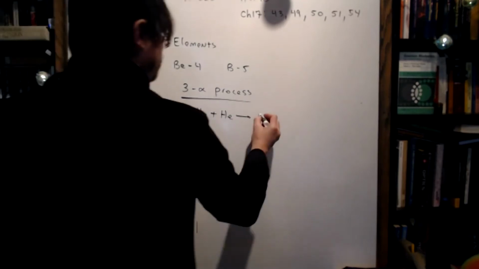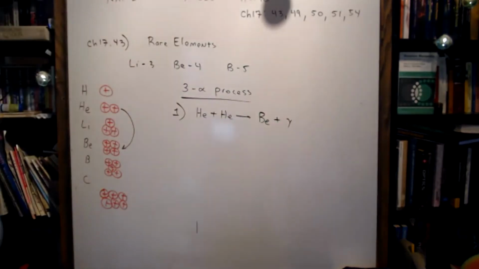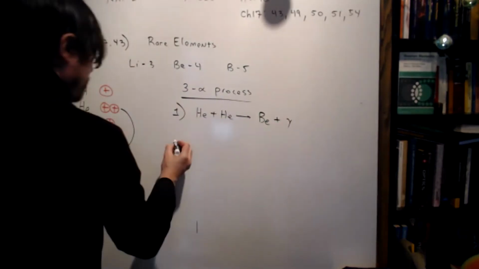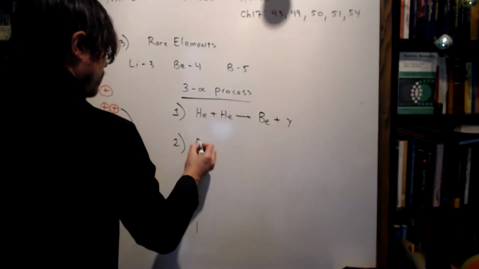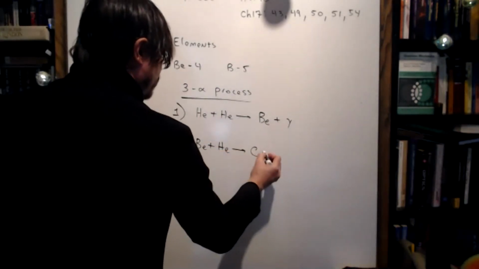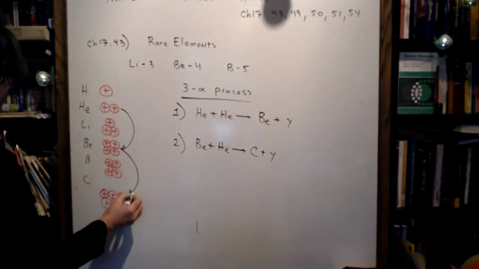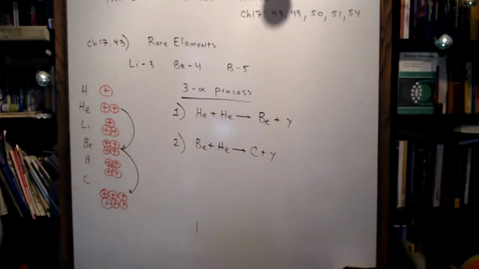So that makes beryllium plus a gamma ray. In step 2, the beryllium plus the helium fuse to make carbon and a gamma ray. So you add another 2 protons and that gets you to carbon.